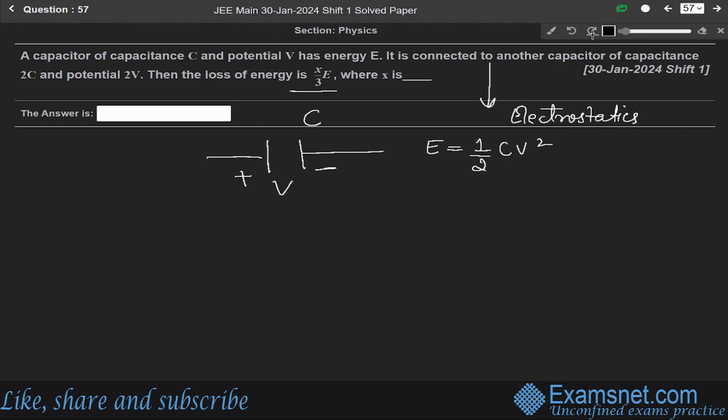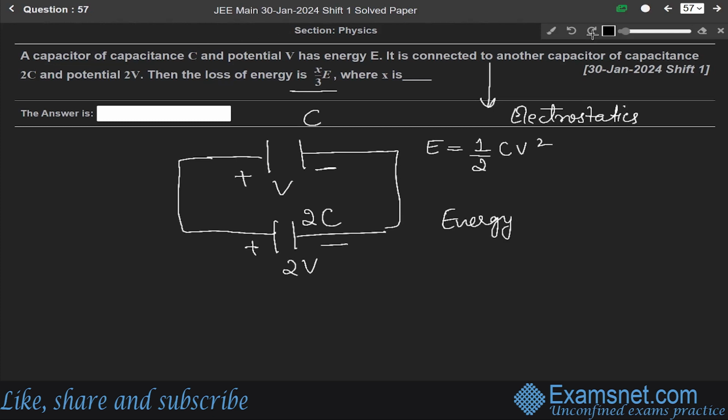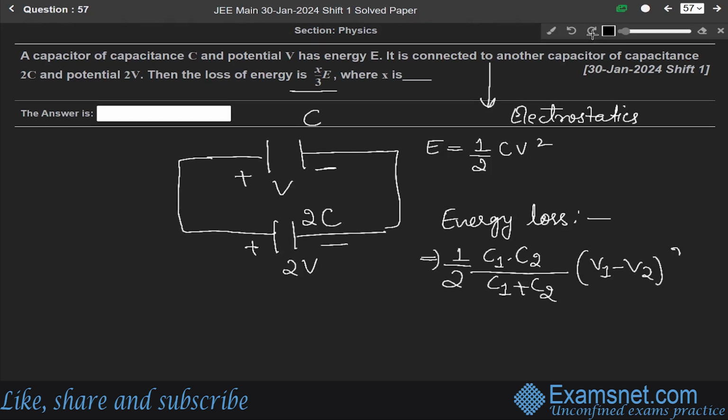It is connected to another capacitor of capacitance 2C. Now the capacitance is 2C and potential is 2V. We have to find the loss in energy. Okay. So there is a direct formula for the energy loss in case of capacitor. It is equal to 1 by 2 C1 C2 over C1 plus C2 into (V1 minus V2) whole square.